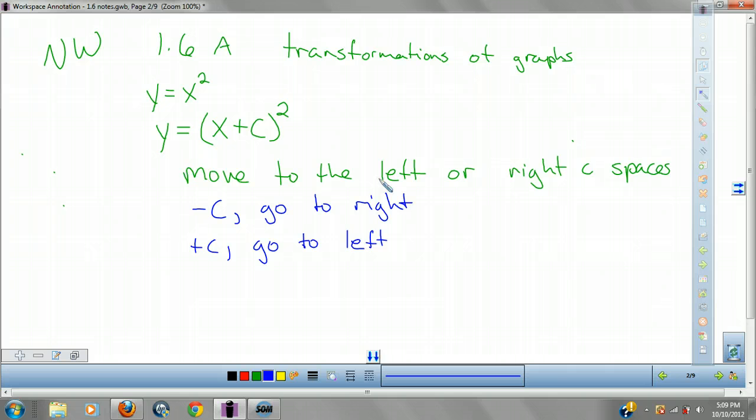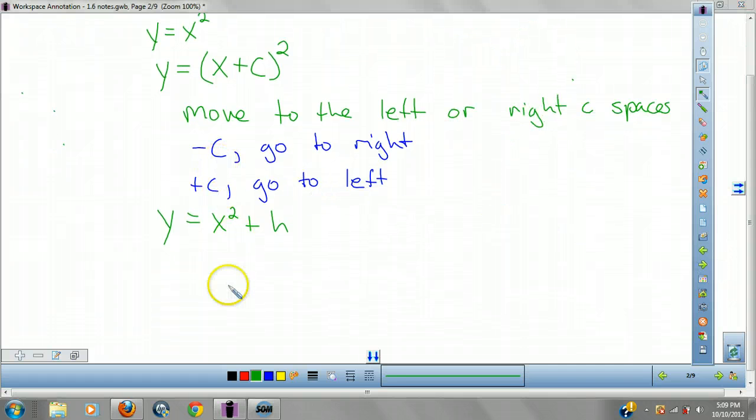So I'll give you guys a second to write that down. Now the other thing you might see, no pun intended, is if we add some letter. Let's say we add the letter H. Why am I choosing these arbitrary letters? Well, you'll see. So H is going to either move the graph up or down.